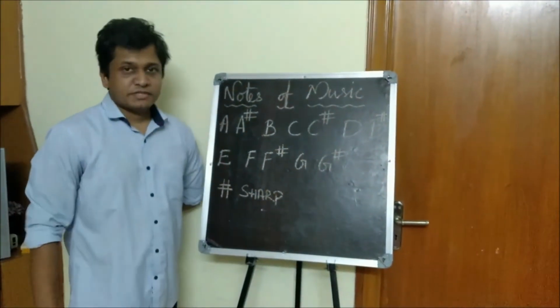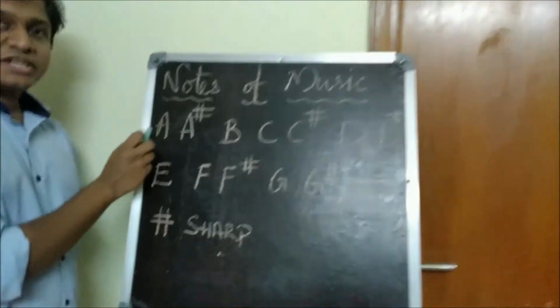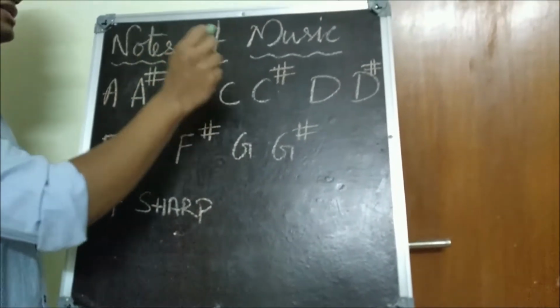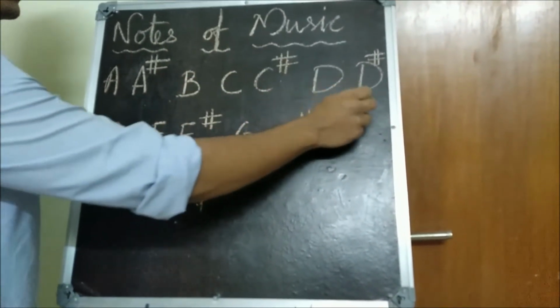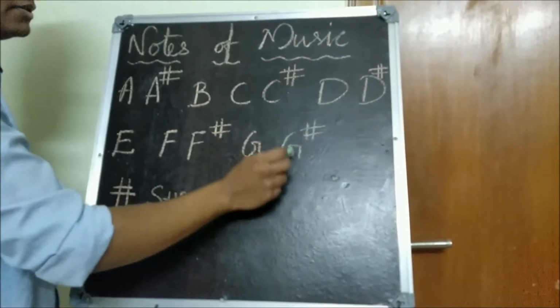On the board over here, I have written the notes of music. So, starting with A sharp, B, C, C sharp, D, D sharp, E, F, F sharp, G, G sharp.